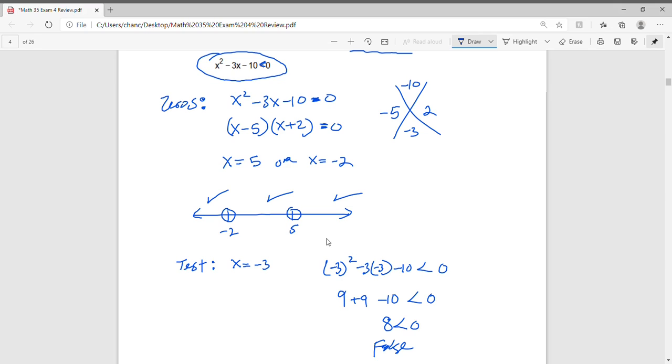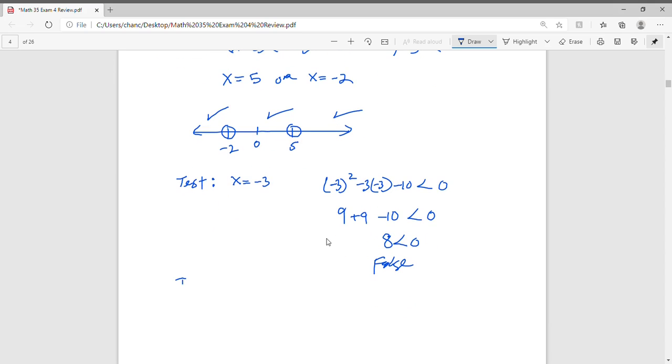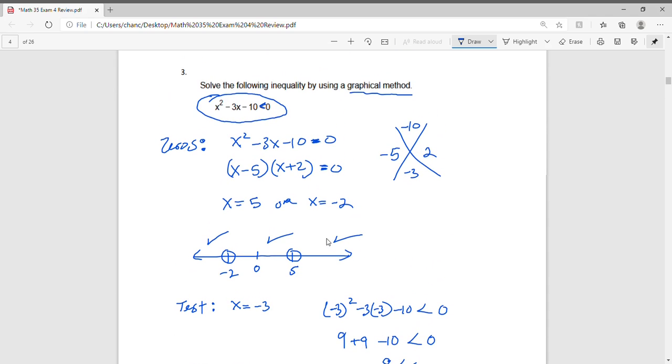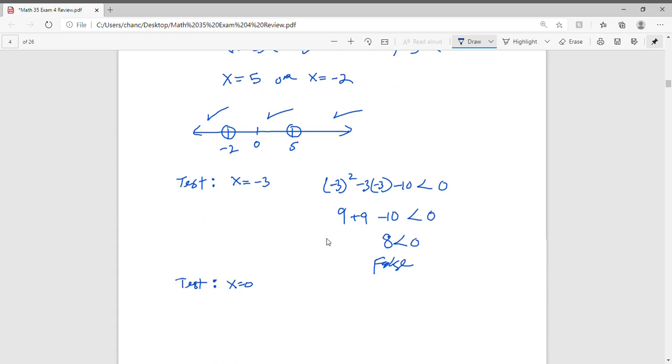Now let's check a number between negative 2 and 5. I always use something easy. Let's test x equals 0. We want to plug in x equals 0 again into our original inequality. We'll plug in a 0 for the x. 0 squared minus 3 times 0 minus 10.